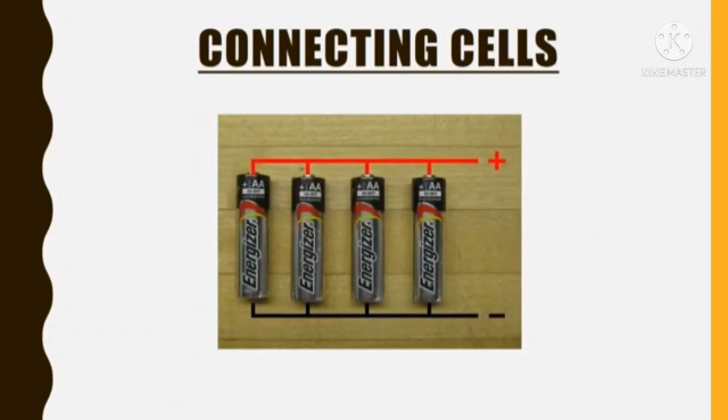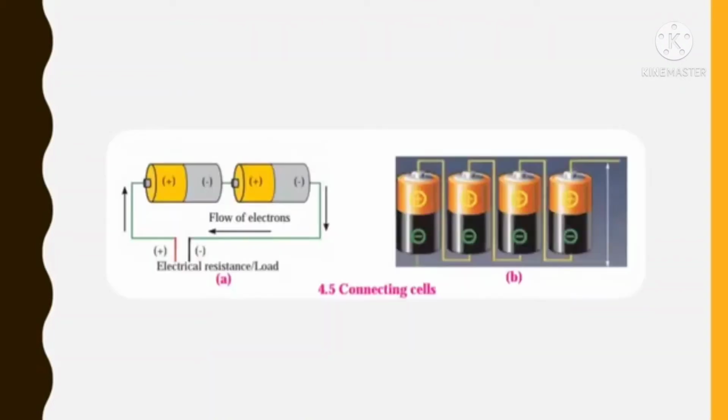So these are the connecting cells. How they are connected and how the circuit is completed, we will understand later on. But how the connecting cells work, that we are going to learn. The positive and negative terminals are shown with different shades of color for your better understanding.